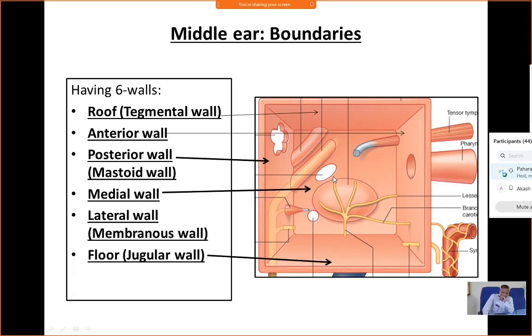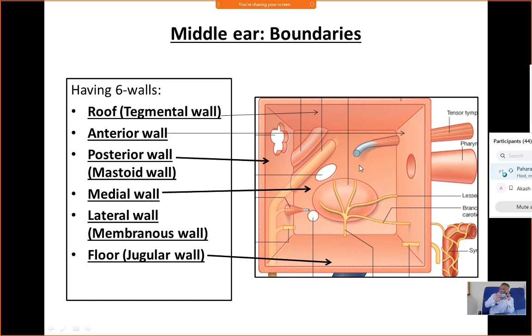Now, as I have said, it is a cube, so it is having six walls. Roof here. Then the anterior wall, already I have sent one link yesterday, most probably you have seen, so it is easier for you now. So roof, then this is the anterior wall, then this is our posterior wall, then the medial wall, and the lateral wall, which is formed by the tympanic membrane, we have removed here.